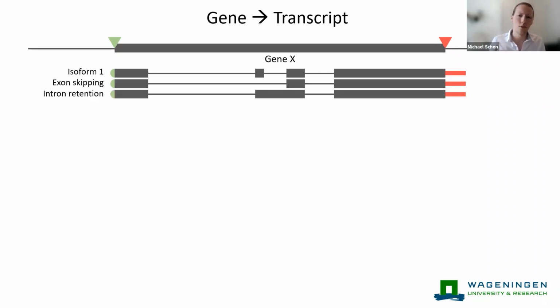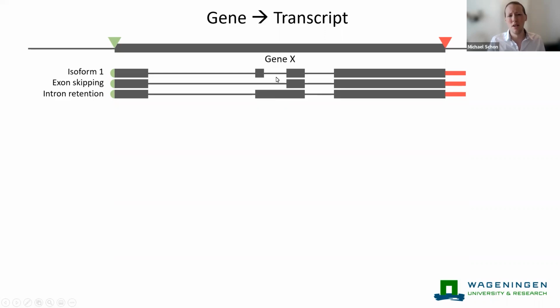In addition to constitutive splicing, many eukaryotic genes, in fact, have multiple alternative ways that their introns can be spliced. For instance, we see an example here, just a schematic example of exon skipping, where you have an exon that may normally be included in the mature transcript, but is bypassed by the splicing machinery in an alternative isoform.